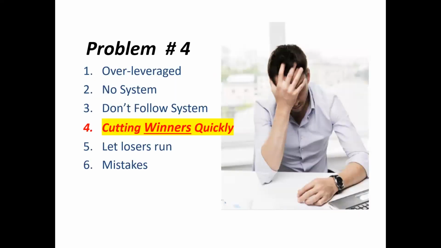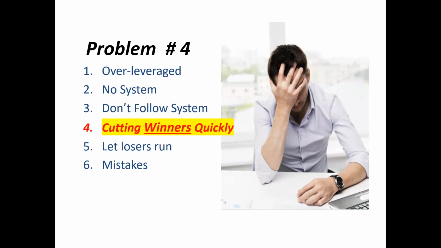Problem number 4, cutting winners quickly. If you're cutting winners quickly, I would tell you that it goes back to what we talked about earlier: you're probably over leveraged. It means that you have a tiny profit and you can't wait to grab it.